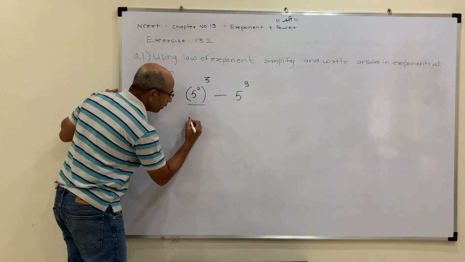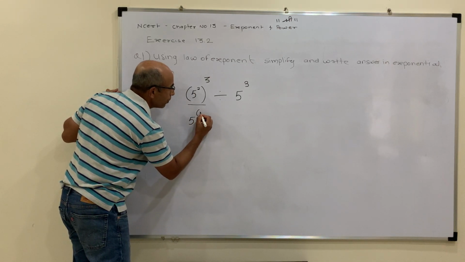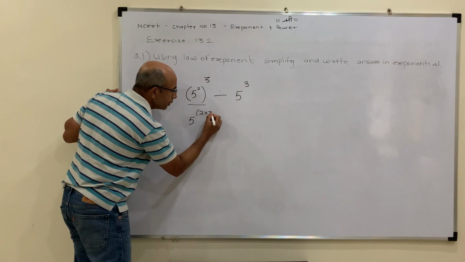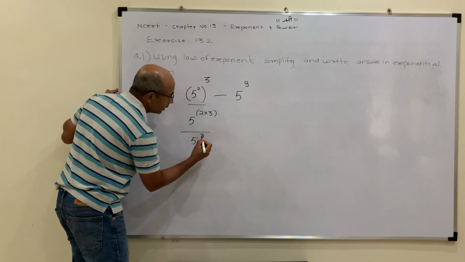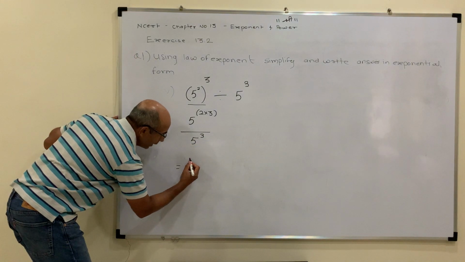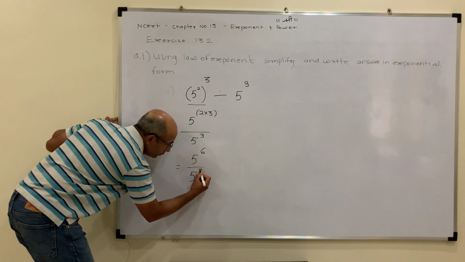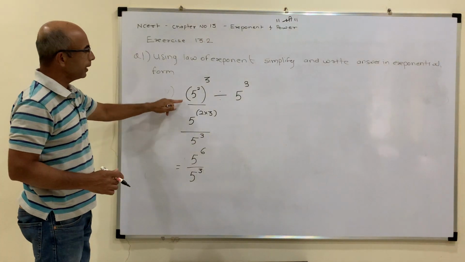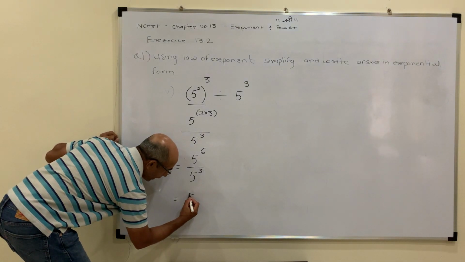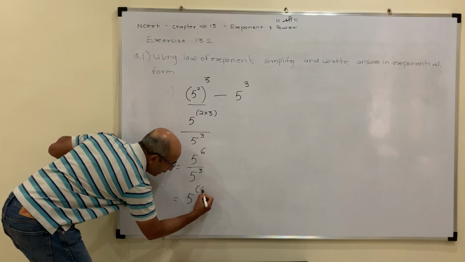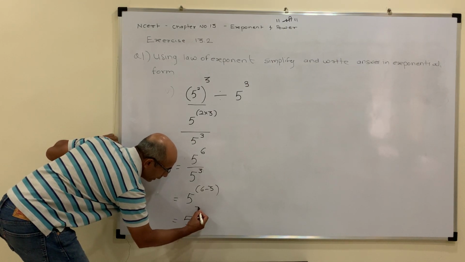When there is a power to power, we do 5 raised to the power 2 into 3, divided by 5 cube. So my next step will be 5 raised to 6 divided by 5 raised to 3. Here I applied the rule of power. So my ultimate answer will be 5 raised to 6 minus 3, that is 5 raised to 3.